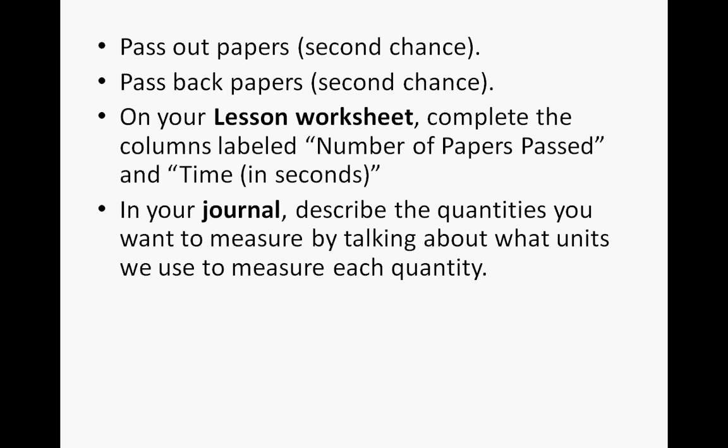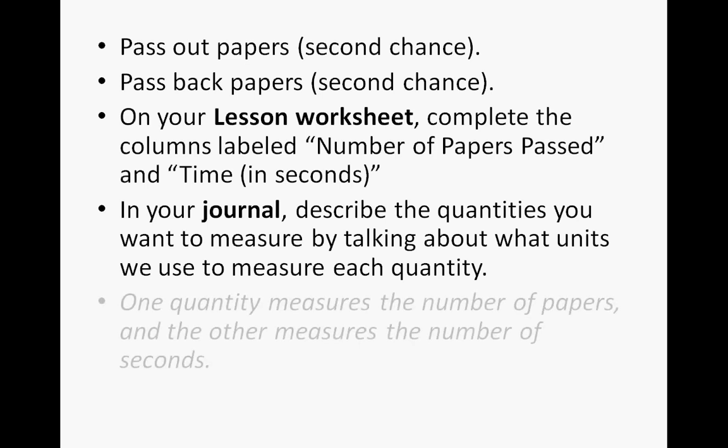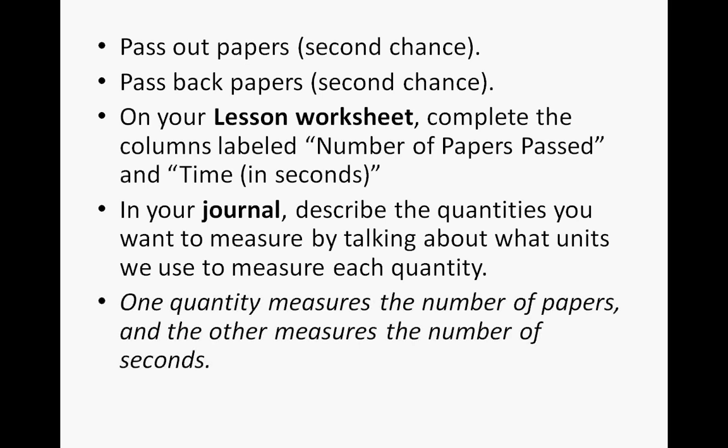So what are we using to measure the papers, and what are we using to measure the time that it takes? Well, one quantity measures the number of papers, and the other quantity measures the number of seconds. So we're doing the number of papers to the number of seconds.